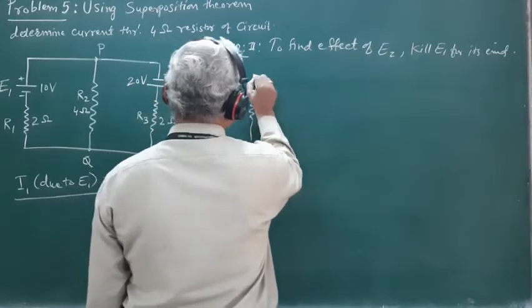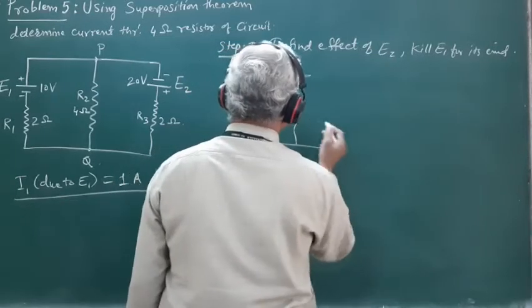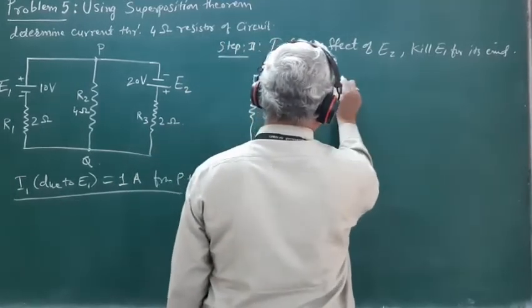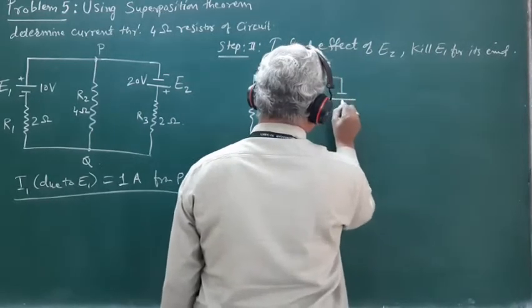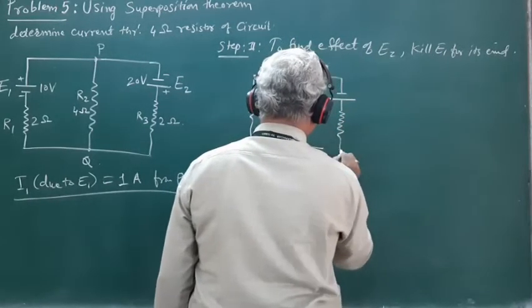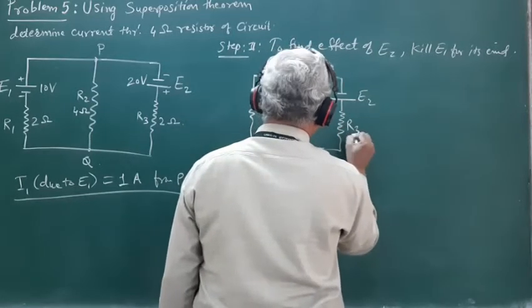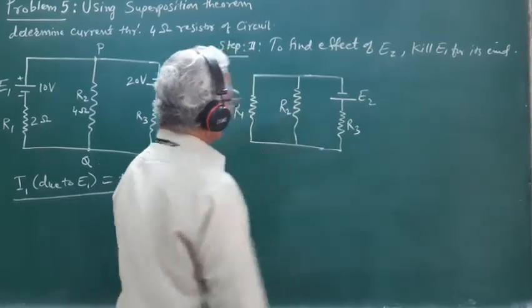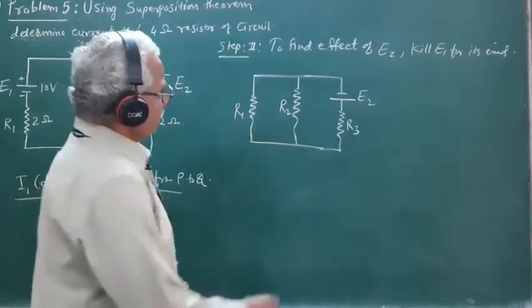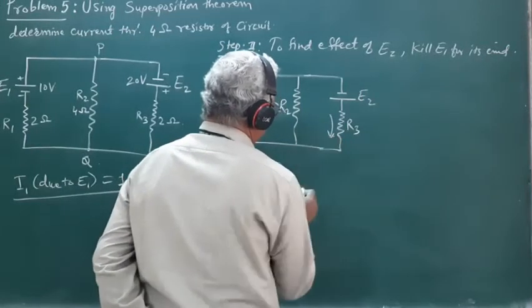This is R1, this is R2, this is E2, this is R. So this source E2 will send the current in this direction.